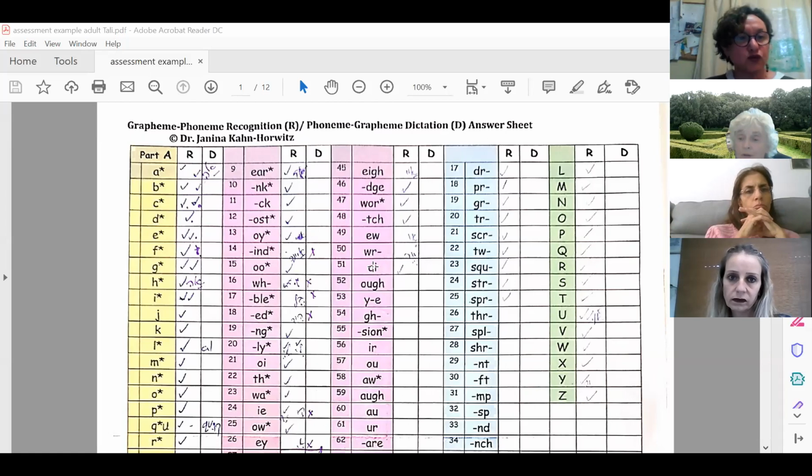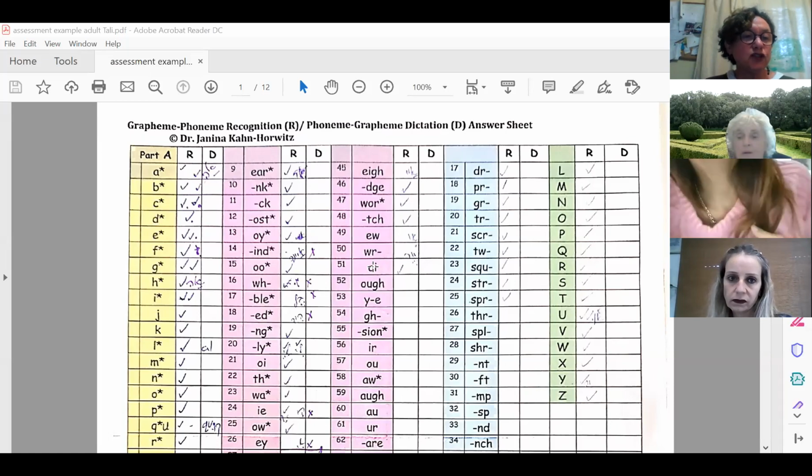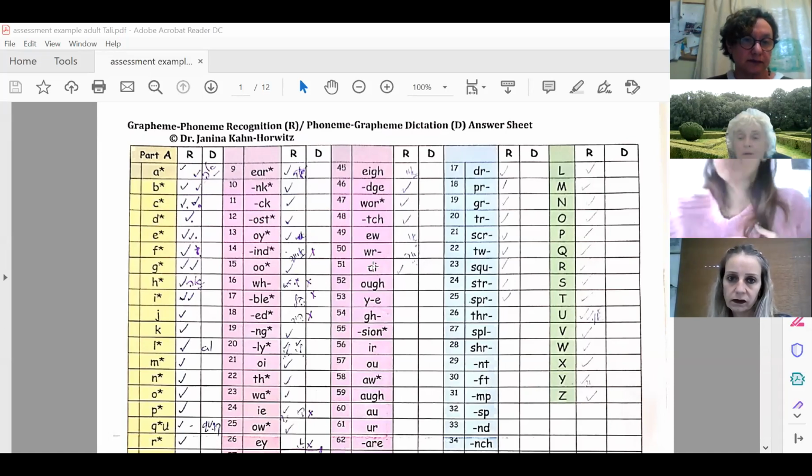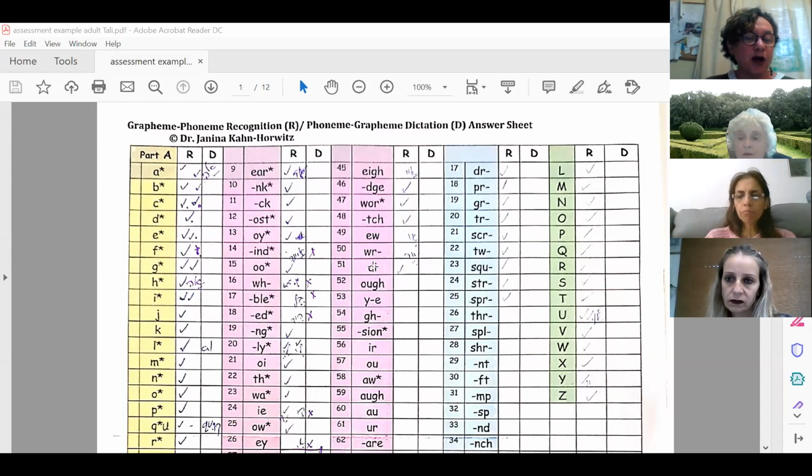By the way, the easiest way of checking that in a group, because you can't sit with each child in a school and test them on all these different graphemes, would be to give them a spelling task. Spelling is more difficult than reading, but the two very much feed into one another.